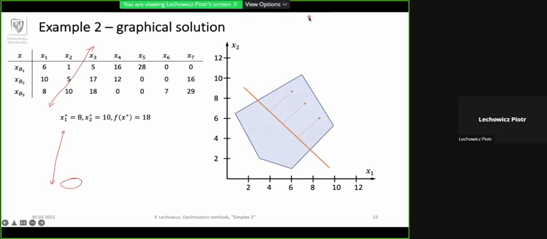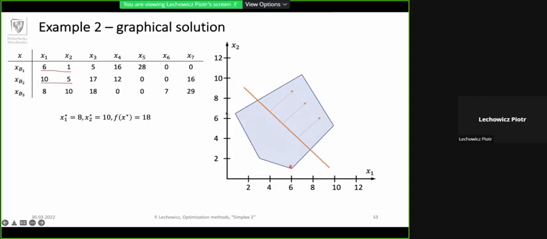So by looking at this table, we can see how the simplex performs. So our first point is equal to 6, 1. So we started in this point. The value of the objective function is 7.